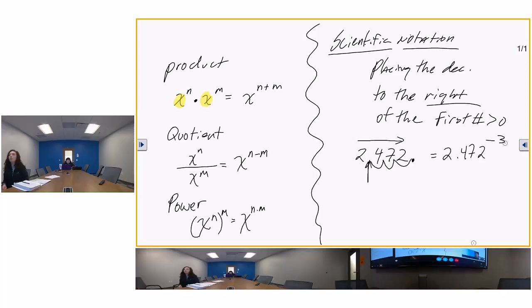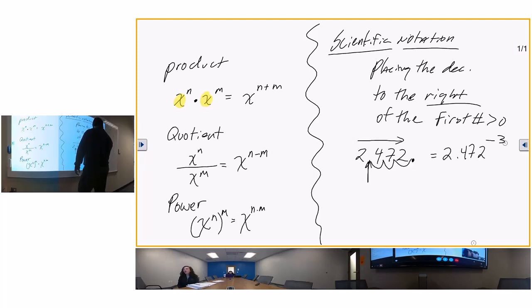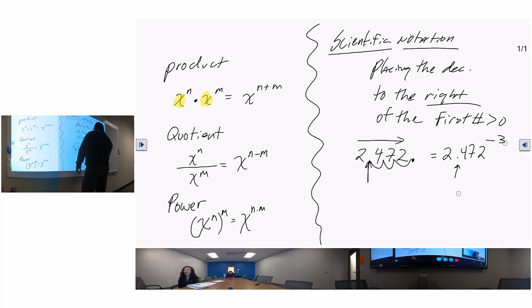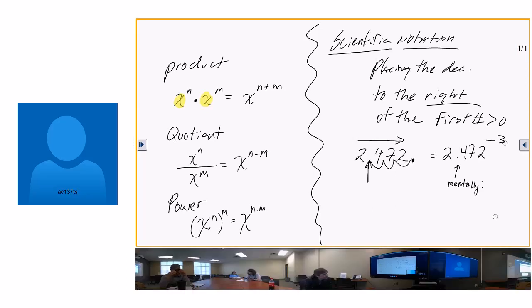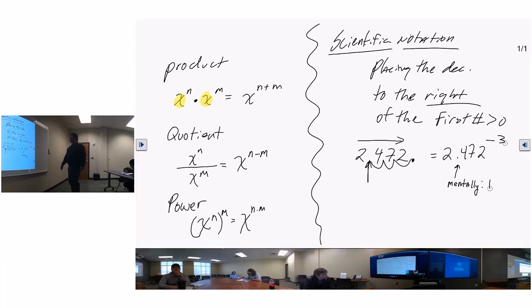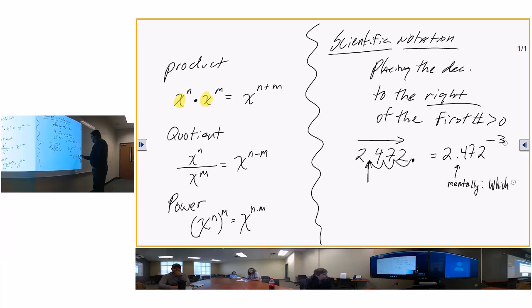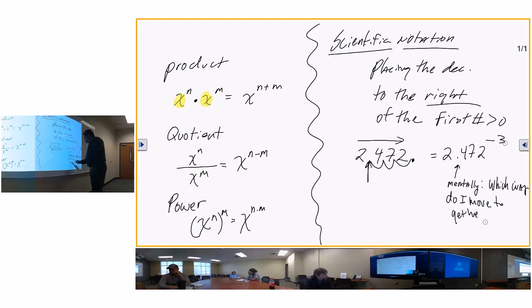Now I say to myself, and you won't see this in any book, I ask myself at this point, mentally, what does mentally mean? In your mind. You do not move the decimal anymore. You just say in your head, mentally, which way do I move to get the original form?